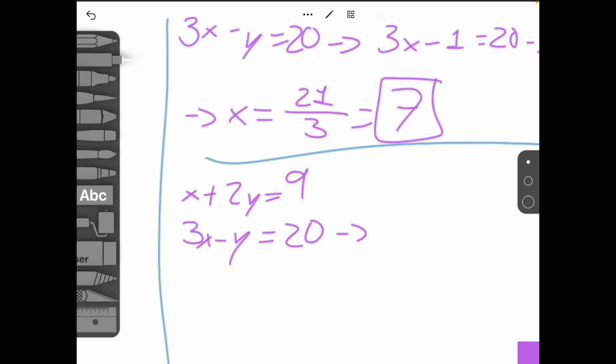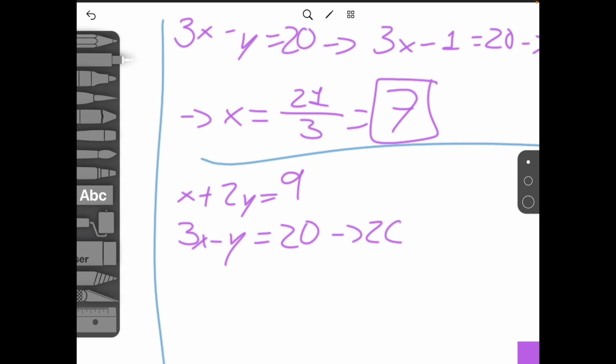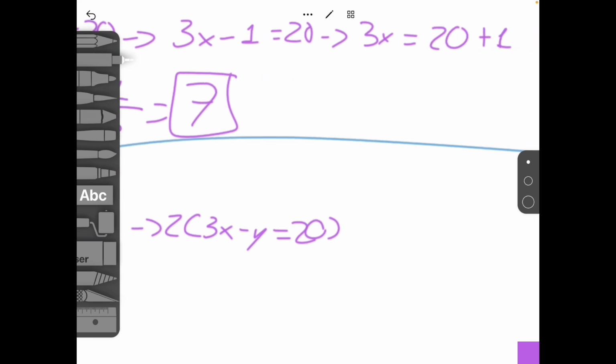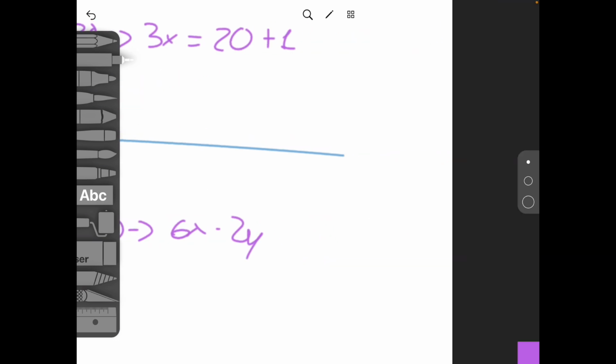Now we multiply this by the coefficient of 2. So we will have 2 times the whole equation, 3x minus y equals 20. Now, this would give us 6x minus 2y equals 40.